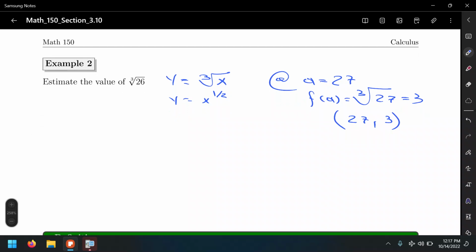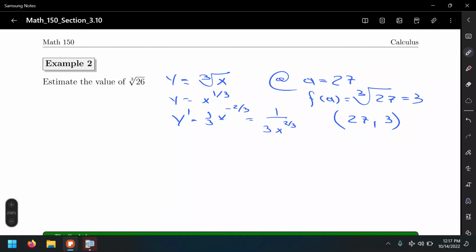Now, oh, it's not 1/2, it's 1/3 actually. So y prime equals 1/3 x to the 1/3 minus 1, isn't that negative 2/3? Well, how about we change this into radical notation?